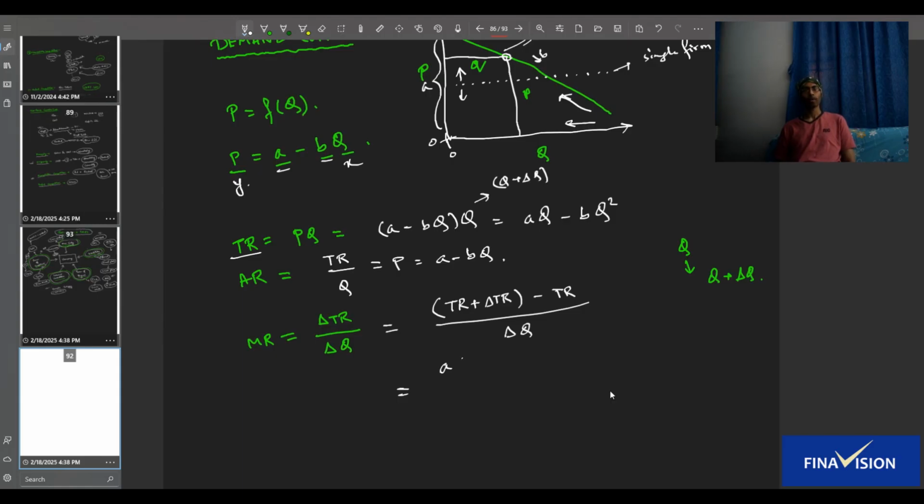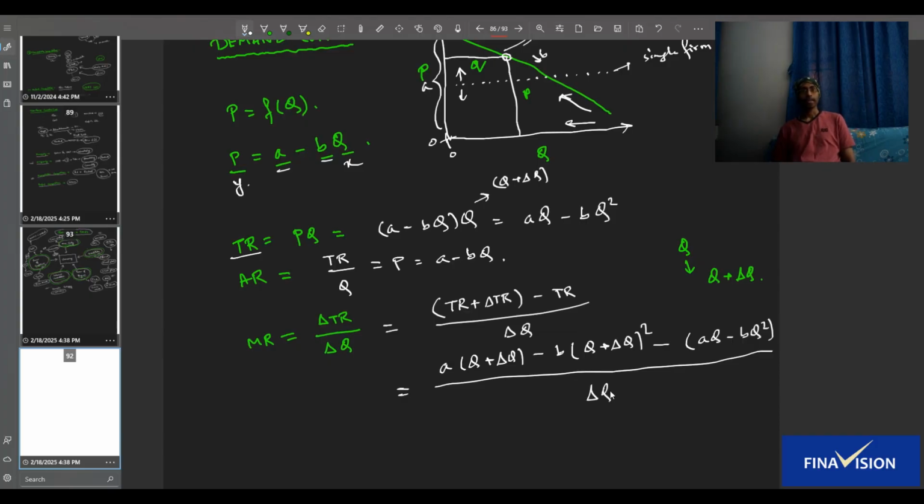This is equal to A(Q + del Q) - B(Q + del Q)², minus AQ - BQ², which is the initial revenue without the change in demand, divided by del Q. We can simplify it, and this becomes AQ + A del Q - BQ² - B del Q² - 2BQ del Q. This entire expression, let's move it to the left side a little bit, minus AQ - BQ², right?